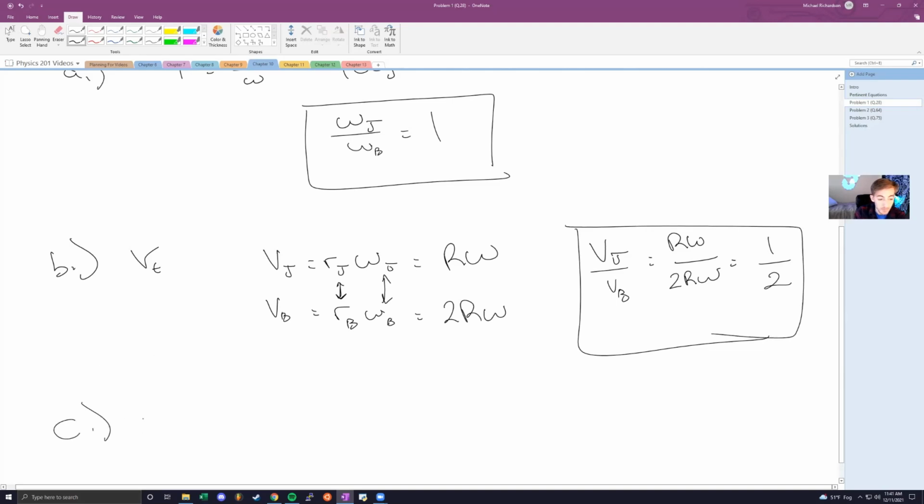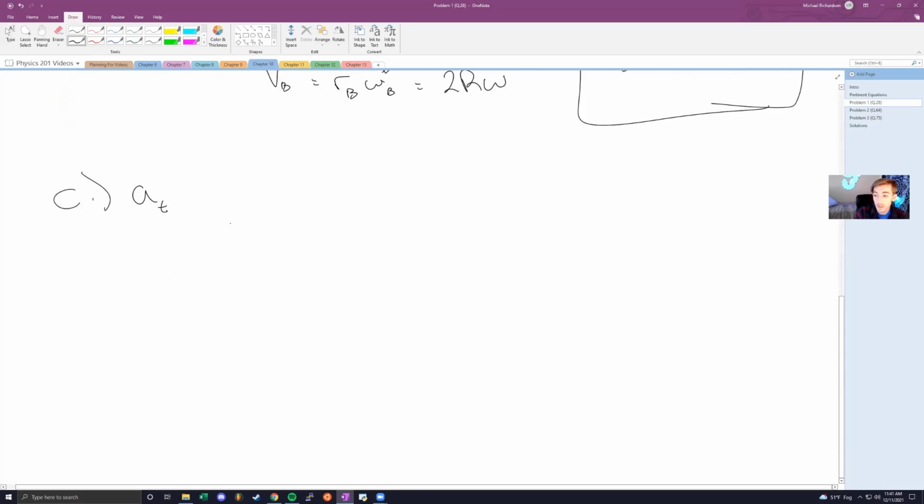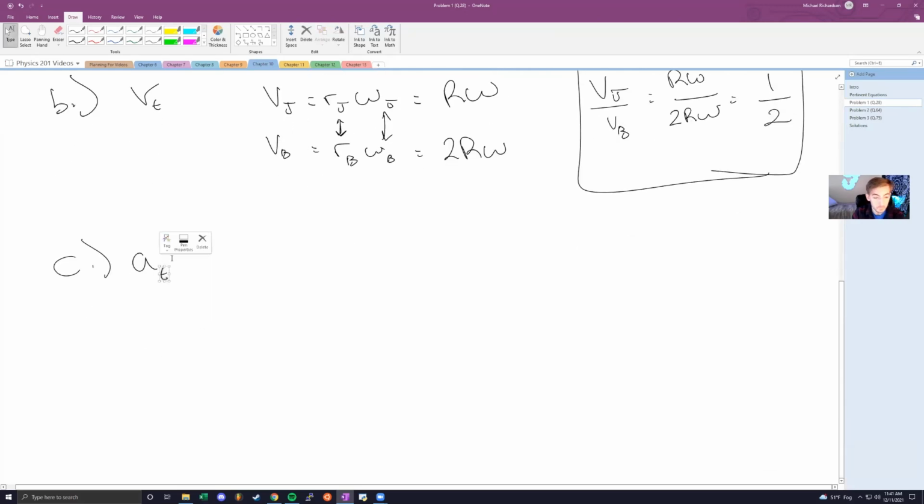Okay, and the last one we want to consider is our tangential acceleration. Or rather, our centripetal acceleration. So we'll say that this is a_cp. So we know that this is going to be equal to v squared over r, specifically our tangential velocity squared over r, that is.